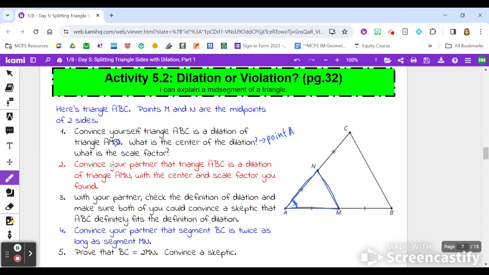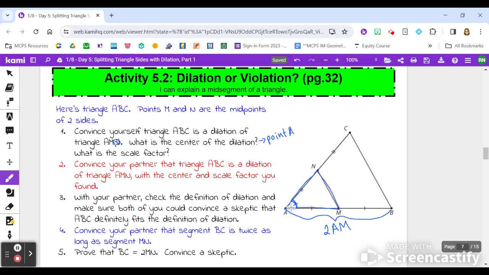And the scale factor, when we look at our triangles, we're really comparing the length of AB, which is this side, to AM right here. We see that AM has the same length as MB, which means that AB is going to be 2 times the length of our original triangle AM.